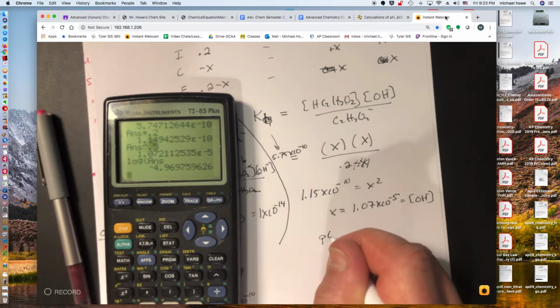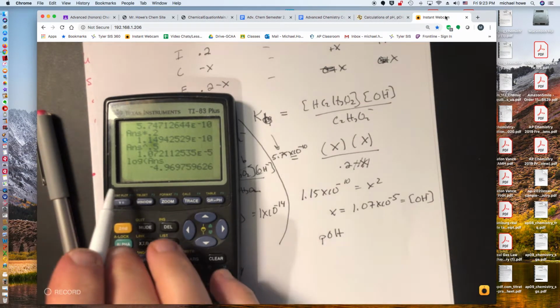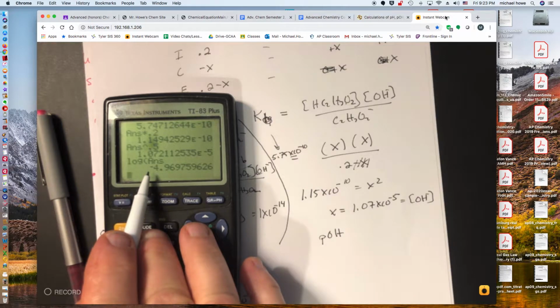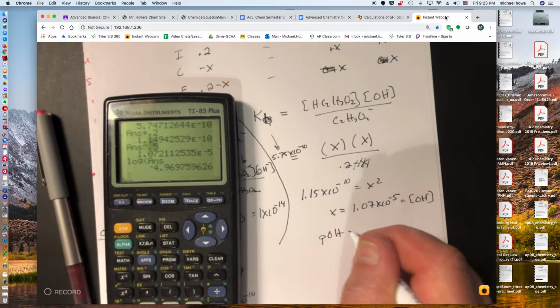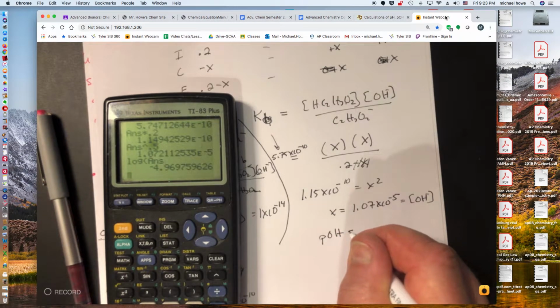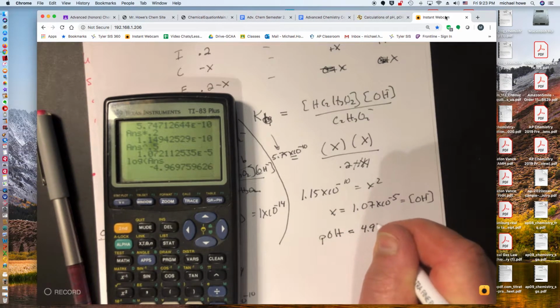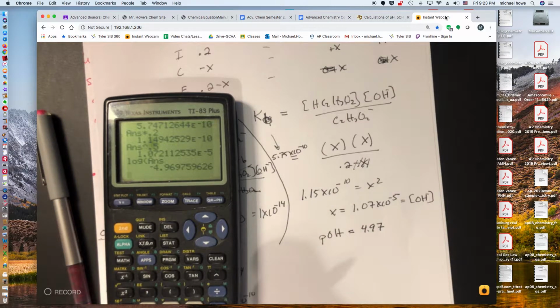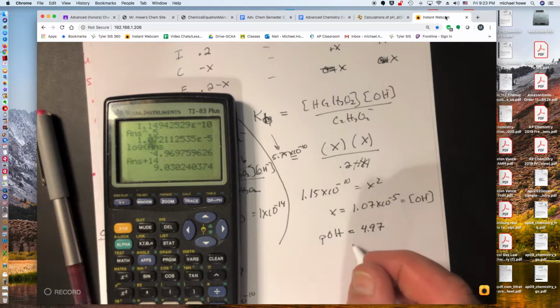I just took the regular log, and that's a negative number, so I'm going to drop the negative and make it a positive number because a negative of a negative is a positive. So the pOH equals 4.97. You subtract that from 14, and you end up with pH equals 9.03.